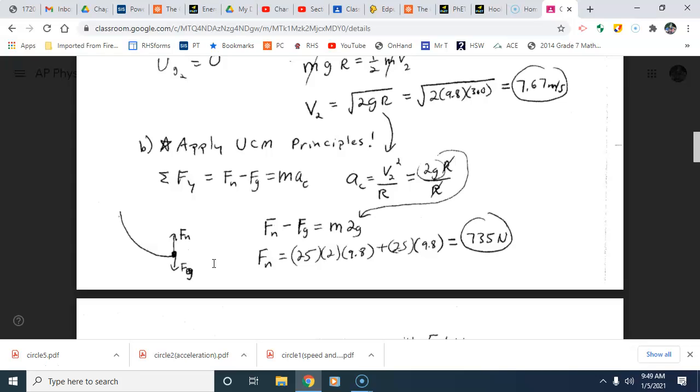So we have normal force up on us and weight down on us at that moment. We put that in as the net force, up positive, down negative, and plug into that formula. We know that centripetal acceleration is v squared over r.